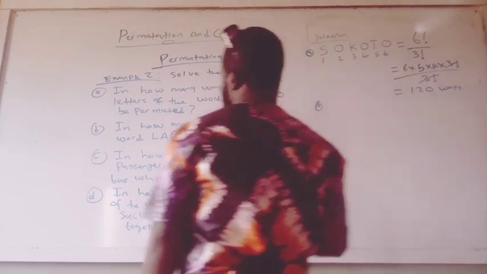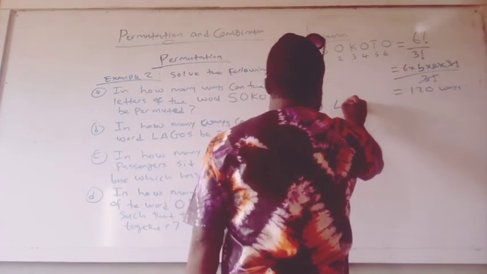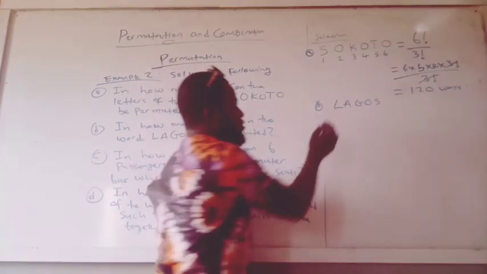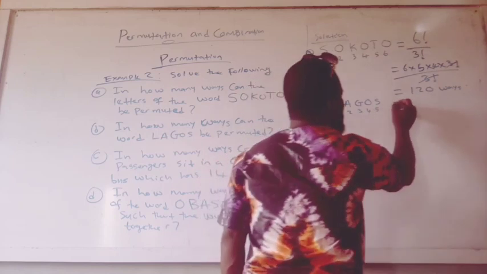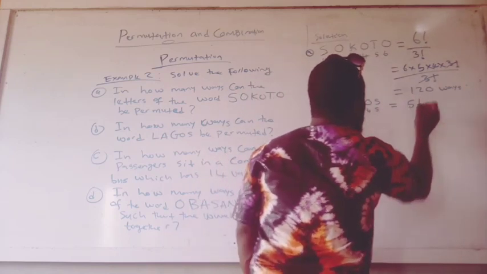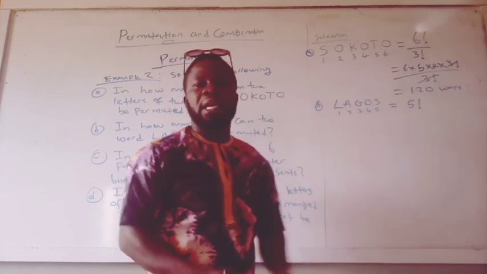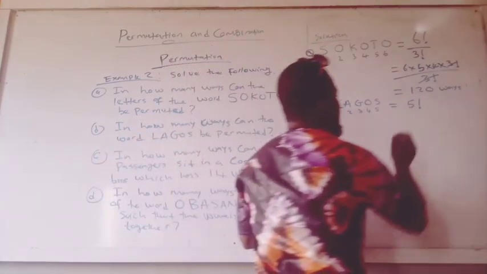When we go to the second one, let's go to, in how many ways can the letters of the word Lagos be arranged? When we look at Lagos, I will first count 1, 2, 3, 4, 5. So that means I have 5 factorial. But there's no repetition in any of these letters. So the answer is going to be 5 factorial. And what's 5 factorial?